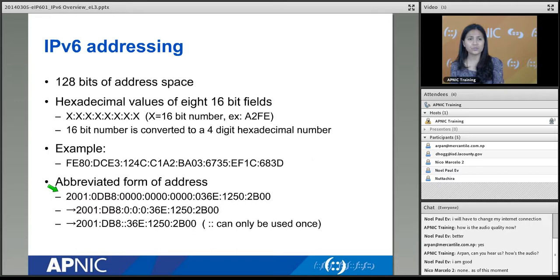Okay, so only once, because you know that there should be 8 fields. If you are using a double colon there, you can discount the number of fields that are present, and you know that the rest are represented by the double colon. So in this case, 3 fields are represented by our double colon. So I think if you're looking for a symbol that represents IPv6, it's essentially this, the double colon, right?